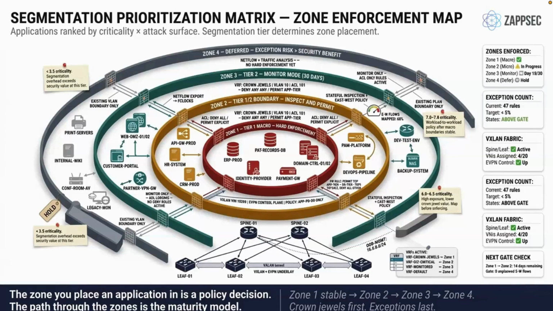Critically, I would say this scores between 7.0 and 7.8 out of 10, with east-west flows mapped at 68%, and the firewall rules at the boundary permit TCP from app tier to database tier on specific ports and deny everything else. And then we jump to zone three, which is monitor mode.